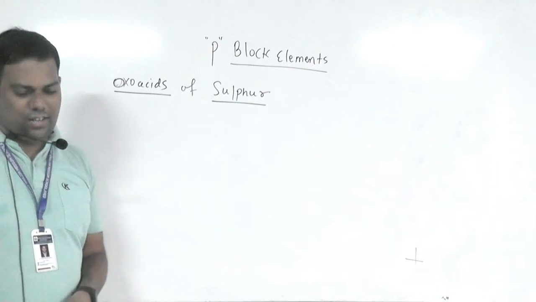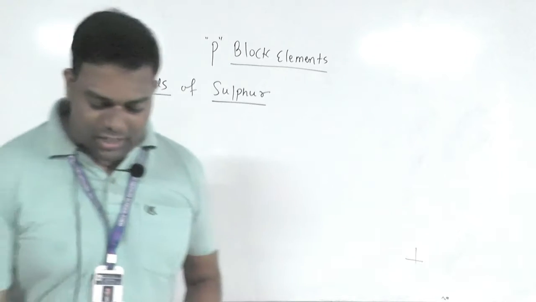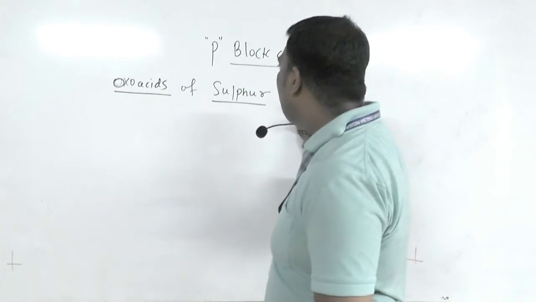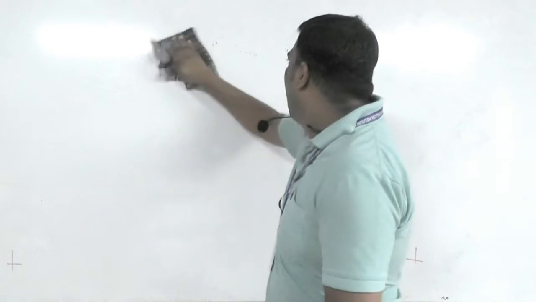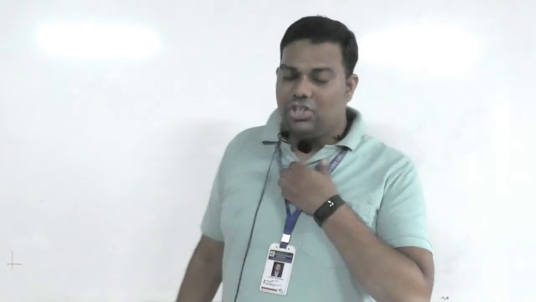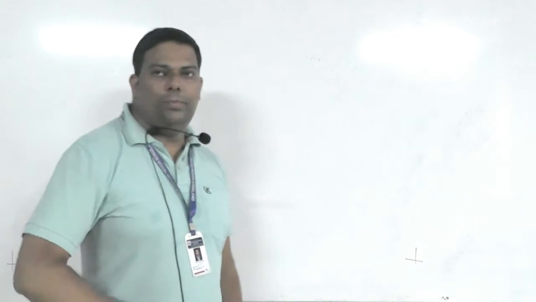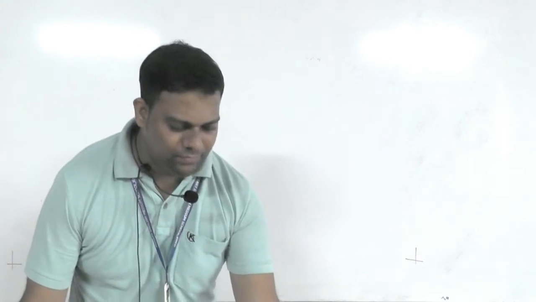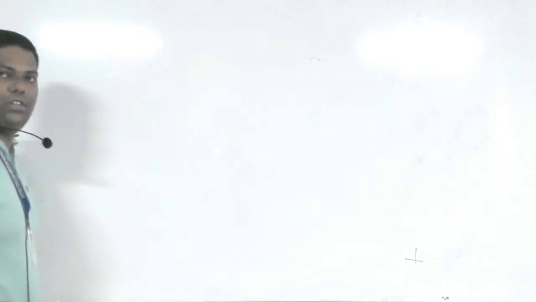I will write here; we have to make a few columns. With the help of these columns, we have to write the formula, name, oxidation state of sulfur, then structural formula. So be ready with this.